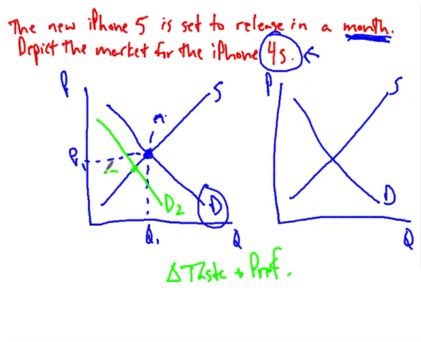If that's the only thing that happens, the price comes down and the quantity comes down. If ceteris paribus we kept the supply curve the same, this would be a change in the quantity supplied and a change in demand causing a decrease in price and a decrease in the quantity.